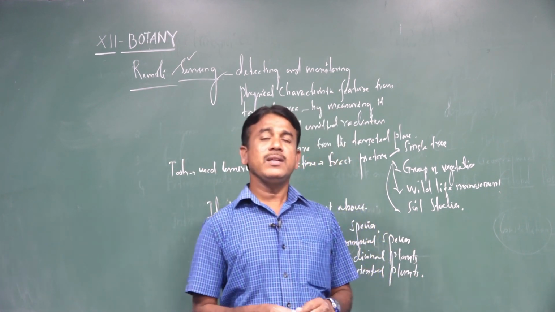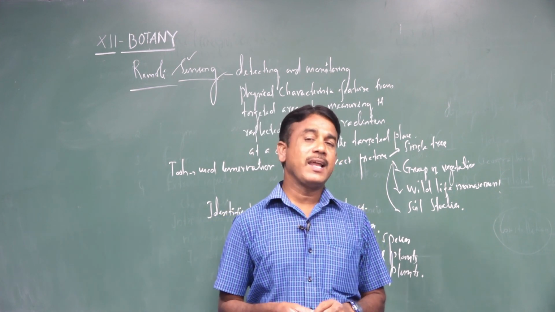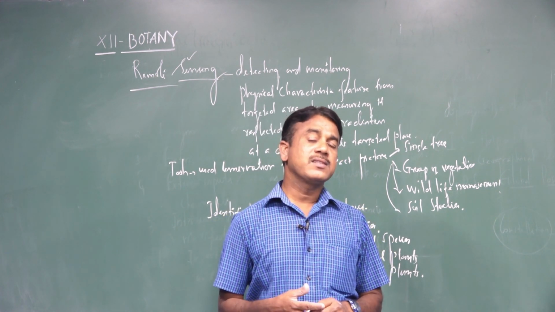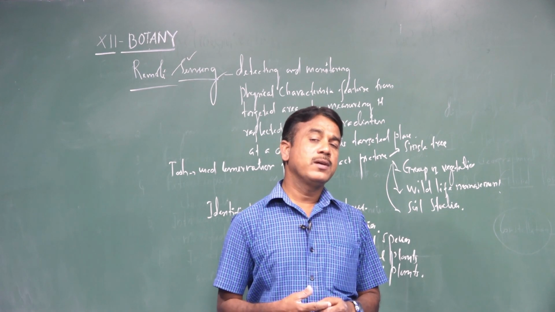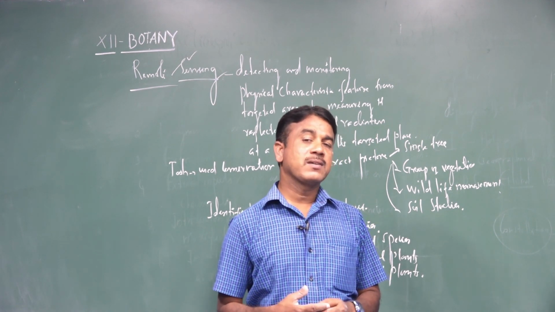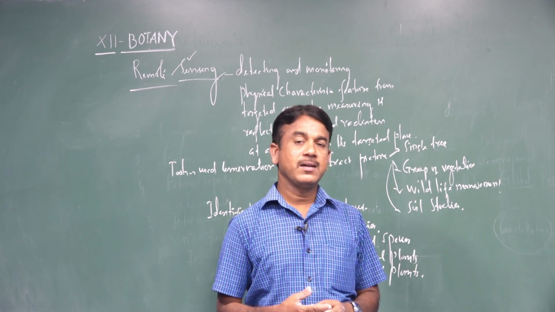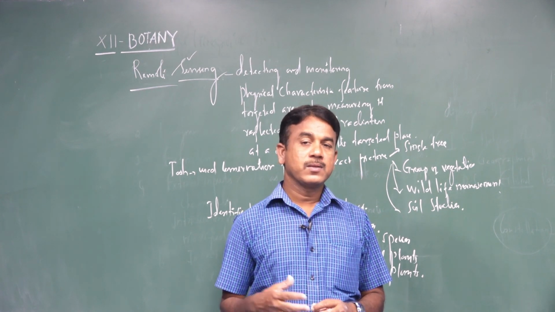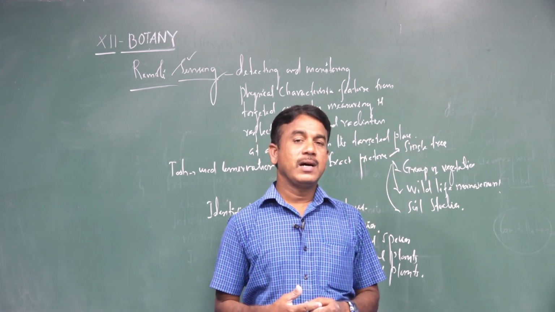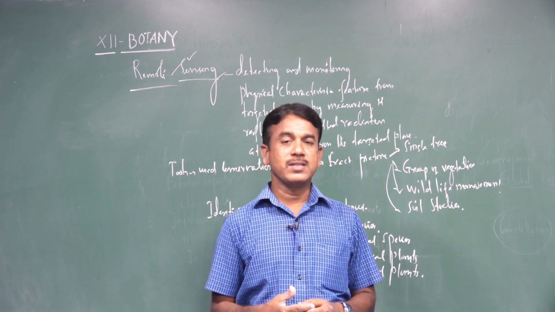So by using several kinds of sunlight, nowadays you can find many kinds of objects from the reflected area. So today's class ends with discussing remote sensing. Thank you.